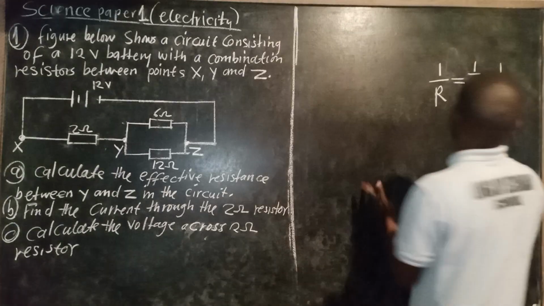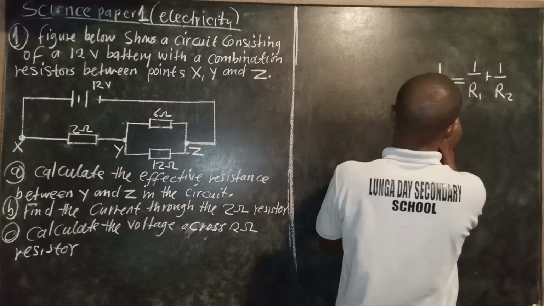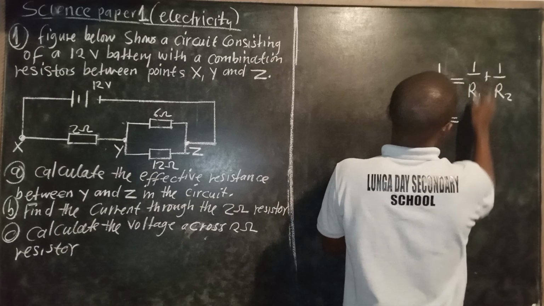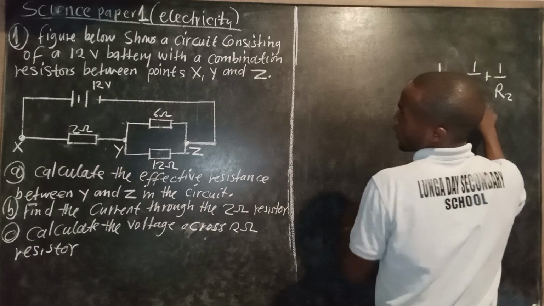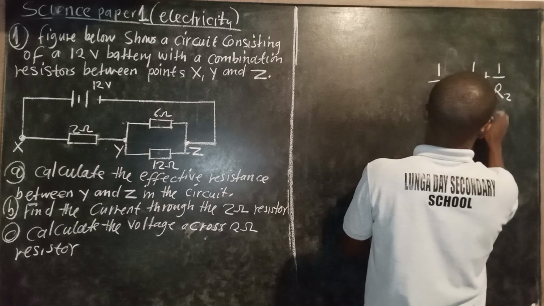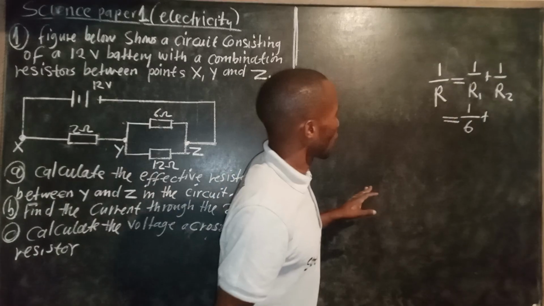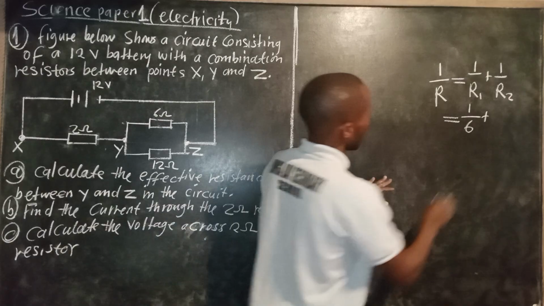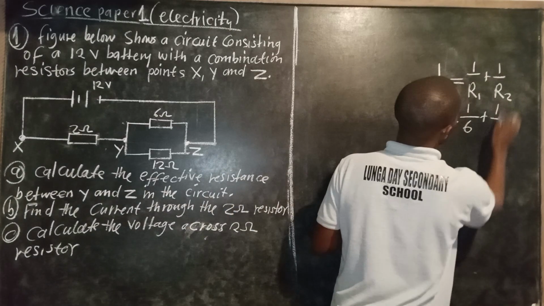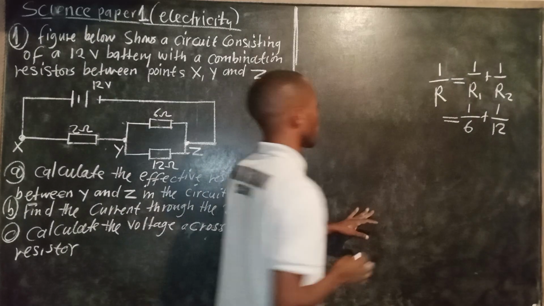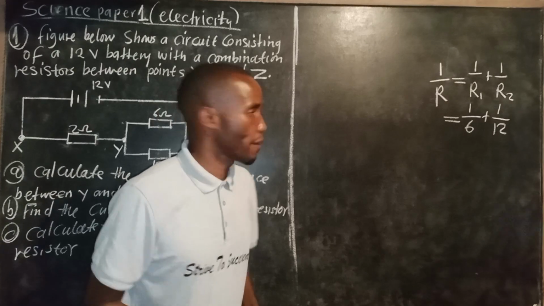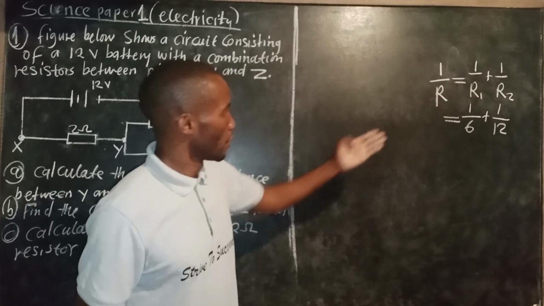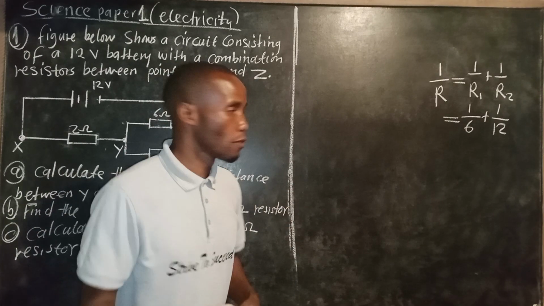Okay. Then from there, we are going to say 1 over R equals 1 over R1, resistor 1 is 6, plus R2, 1 on top, then 12 down. So now from there, we need to simplify further by doing what? By making those two fractions a single fraction.